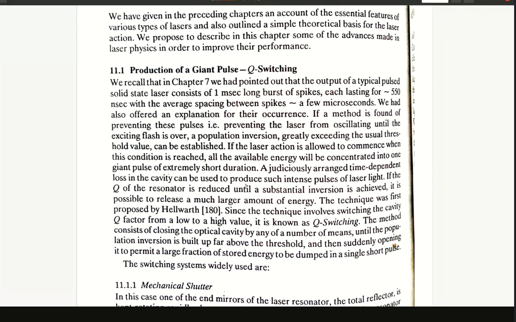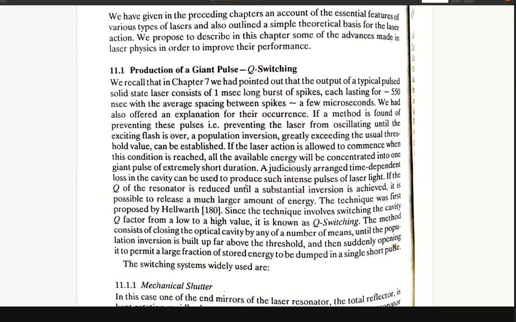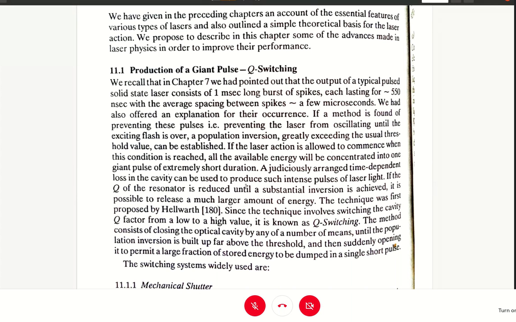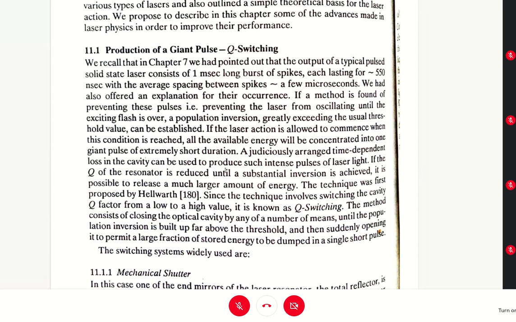So each short burst or spike has a duration of a few hundred nanoseconds. Then there is a gap of a few microseconds, then another burst, then another gap, then another burst. And the whole thing takes place over the time 2 or 3 milliseconds during which the flash lamp is in operation.